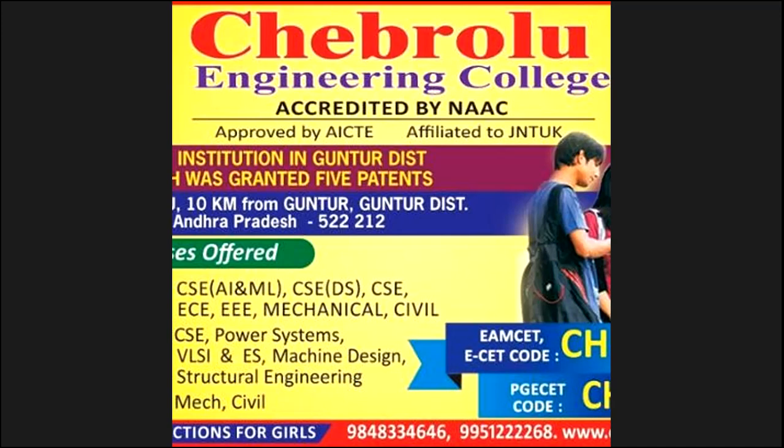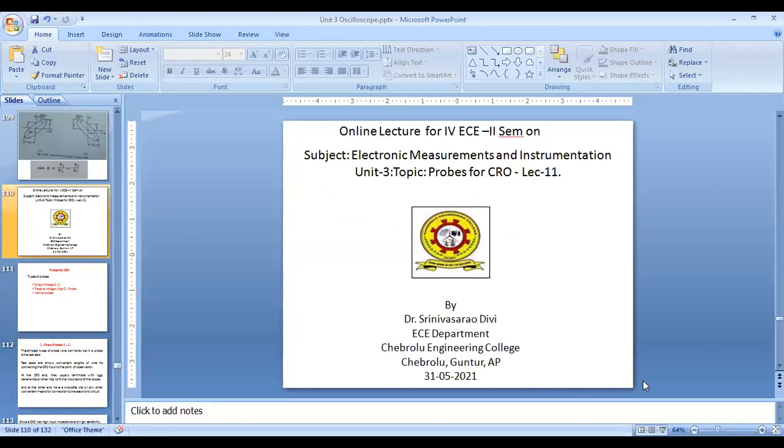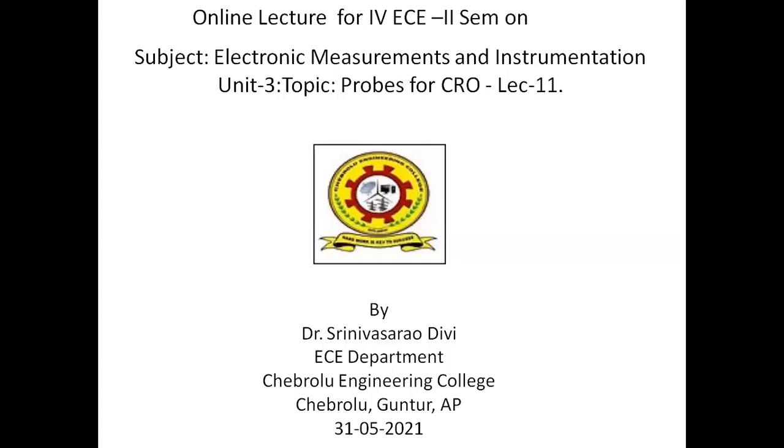By counting the number of teeth of the obtained circle, we can find the frequency, and also we can measure the phase difference, the phase shift, between two signals. Like that we can determine the unknown frequency signal.